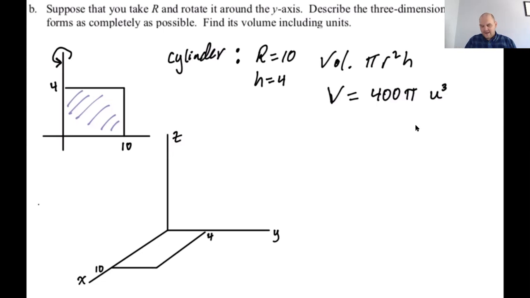Okay, so what happens as I rotate around the y-axis? As I go around the y-axis, the rectangle that's in the xy plane is going to tilt up, and so z is not going to be 0 anymore. It's going to change. And as I rotate, eventually I'm going to end up in the yz plane.